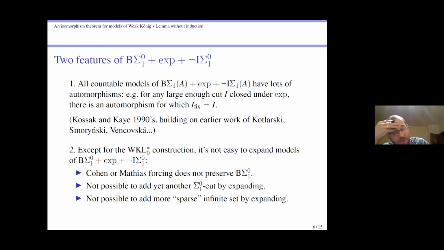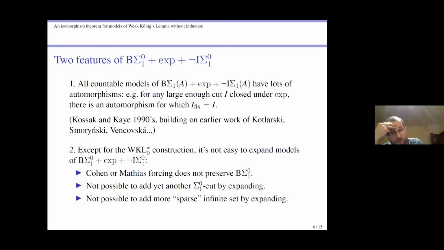So first you realize that there's this tree forcing that preserves B sigma 1, the sort of forcing that Harrington used. But other typical forcing notions don't work. So Cohen forcing doesn't preserve B sigma 1 in general, nor does Mathias forcing.